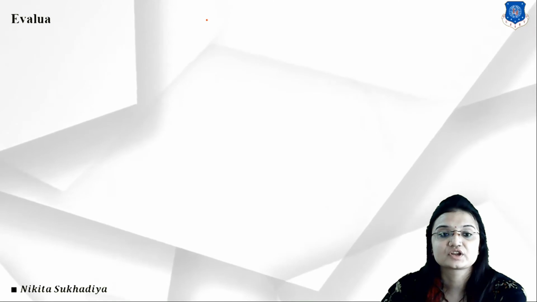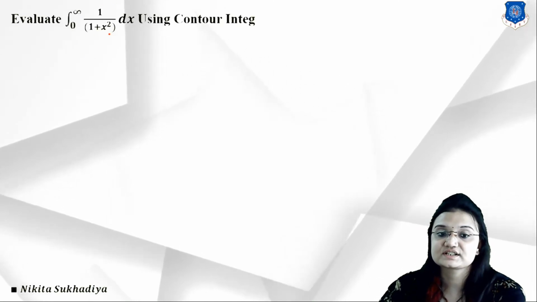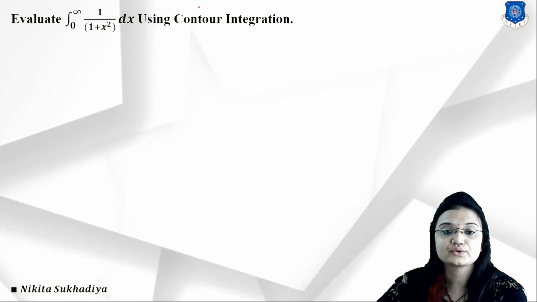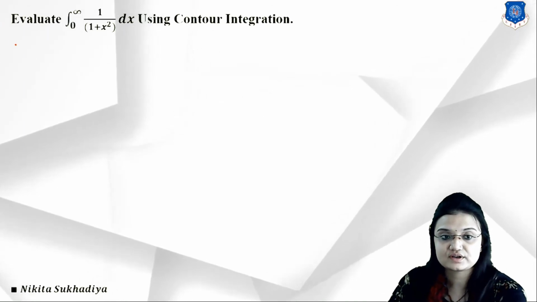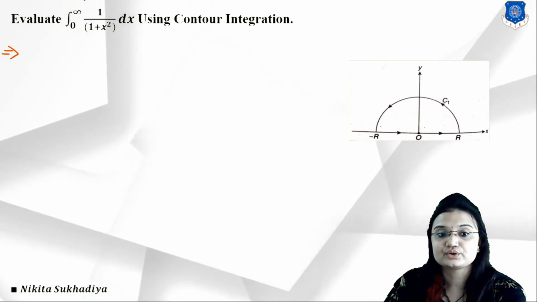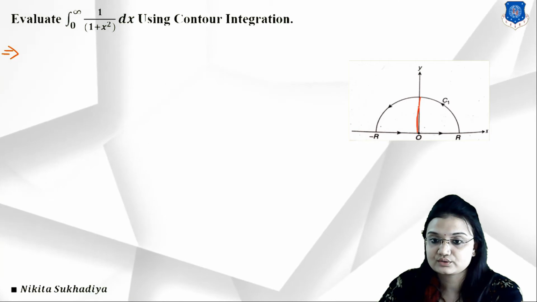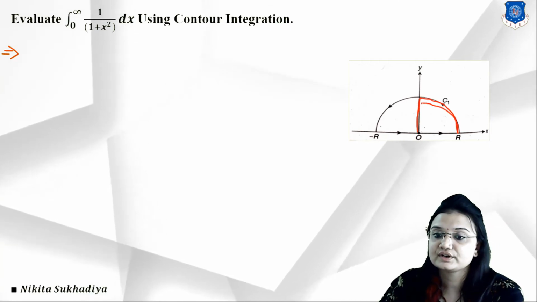Okay, now next is evaluate integration from 0 to infinity 1 upon 1 plus x square into dx using the contour integration. Okay, so here we have limit, that is integration from 0 to infinity. So here we have area only, this is 0 to infinity area.